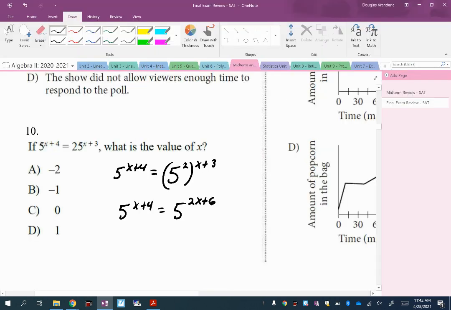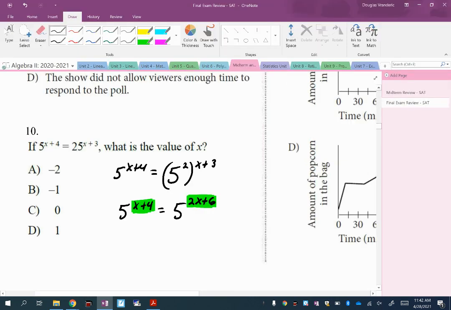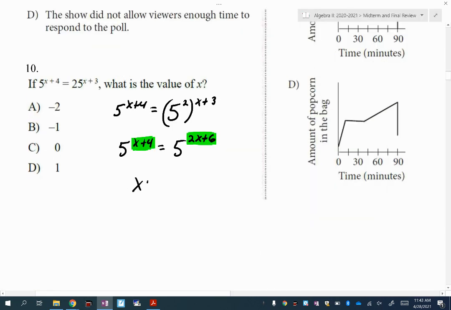So now that the bases are the same, I'm going to set my exponents equal to each other. All right, so I'm going to write x plus 4 equals 2x plus 6. Solving this, moving the x over gives me x. Moving the 6 over with subtraction gives me 4 minus 6, which is negative 2. Plug it in and check, and you see that it is true.